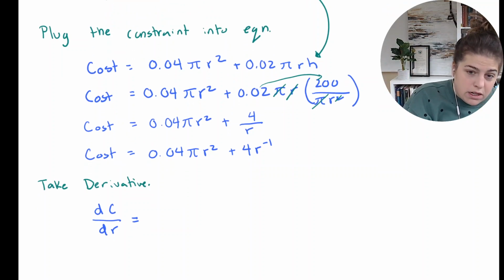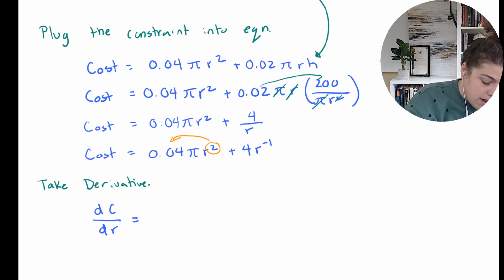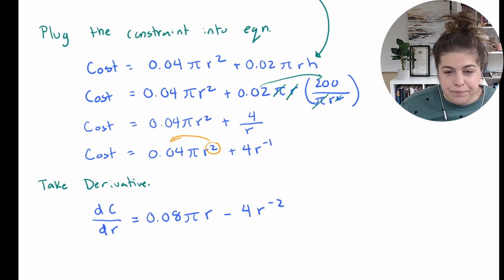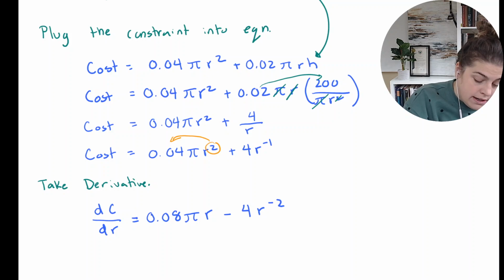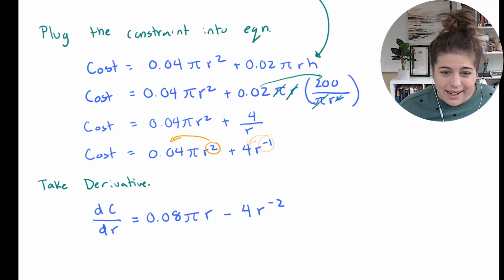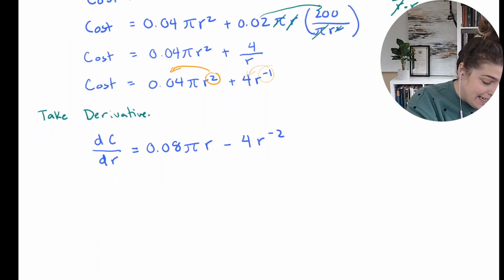So this squared term is going to come down. So we're going to have our 0.08 pi r. And then I'm going to have negative 4 r to the negative 2, right? So that negative 1 is coming down, multiplying by the 4, and then we're subtracting 1 from that exponent. We're going to set this equal to 0.